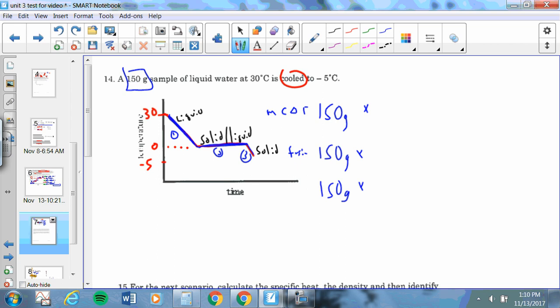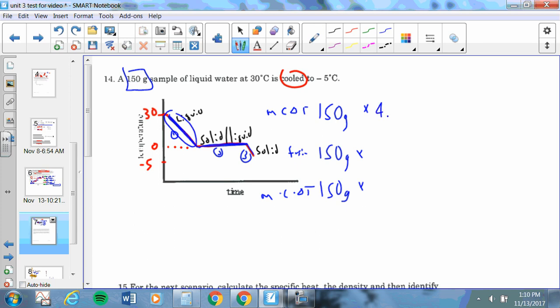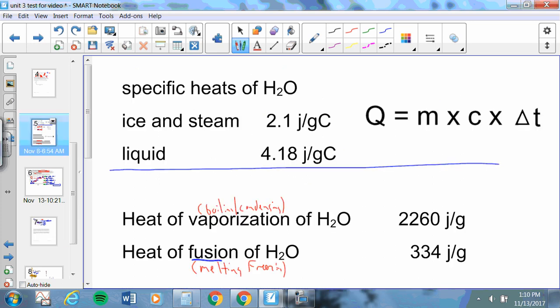One more slope, that's an MC delta T. First slope is liquid. Liquid is 4.18 joules per gram degree Celsius. That changes from 30 all the way down to 0. That's a change of 30 degrees Celsius. Flat spot, heat of fusion. That number is 334 joules per gram.